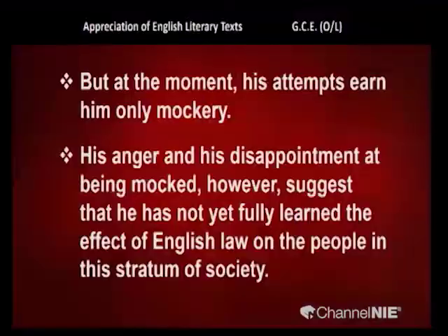But at the moment, his attempts earn him only mockery. His anger and his disappointment at being mocked, however, suggest that he has not yet fully learned the effect of English law on the people in this stratum of society.